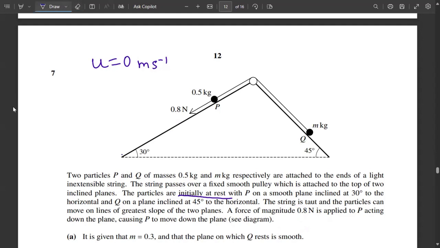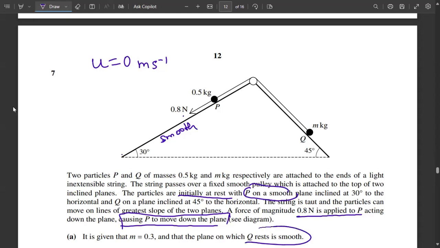Let's move forward. Particles can move on the line of greatest slope. Force of magnitude 0.8 Newton applied to P. That is shown in the diagram, causing P to move down the plane. Now P is smooth, and Q is also smooth.